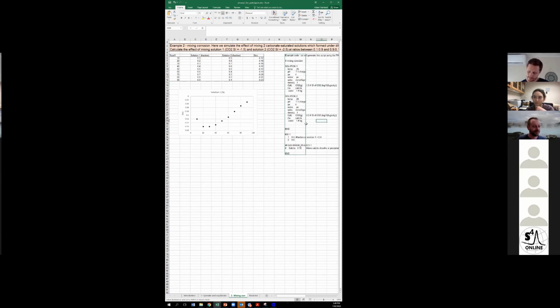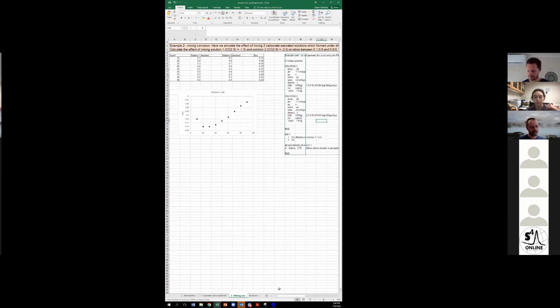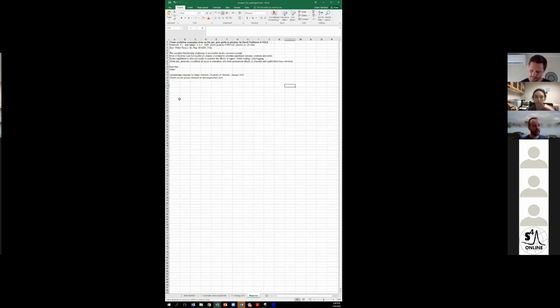So I think what I might do is just finish with some concluding comments about PHREEQC, and then put it to the floor, hit me with questions, and we'll see what you have to say. So I've included in the spreadsheet a tab that says README, and that gives you a pointer to the textbook or the PHREEQC user guide, and some other notes on the functionality that's in the code that you can access.